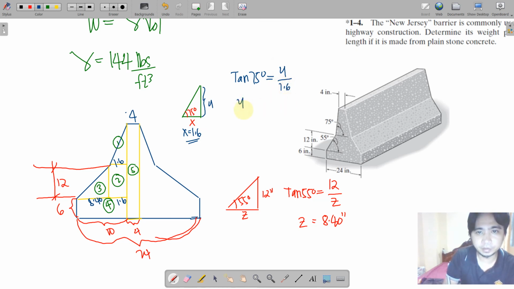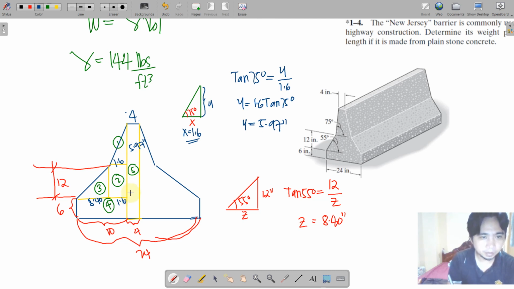So therefore, y is equal to 1.6 tangent of 75 degrees. We have y is equal to 5.97 inches. So I'll just place that one, 5.97 inches.